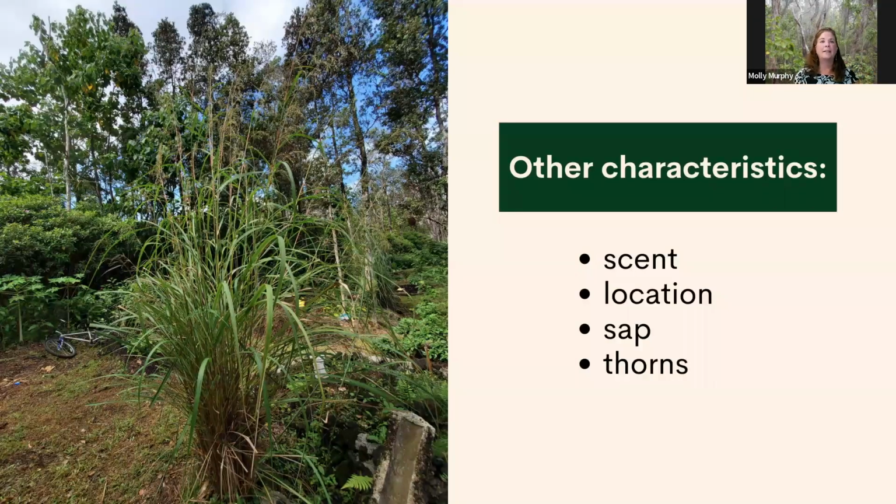And then finally, you want to think about other things that you can't even see with pictures. Does it have a scent? Where did you find it? Did you find it growing in gravel or in a discarded pot in your yard, like a nursery pot? Does it have sap? Is that sap milky or clear? Does it have thorns? So this is a picture that everybody has seen. We've all eaten it and tasted it in our lives.